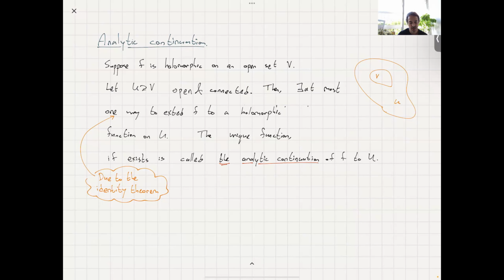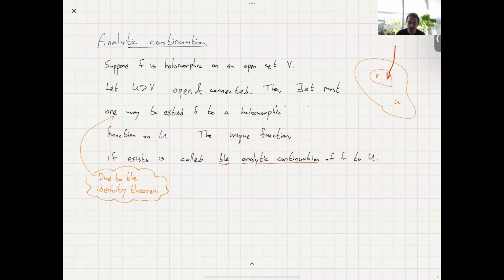So a corollary from that is what's usually referred to as analytic continuation. I mean, there is more to it than that, but I'm just going to take what I need. Suppose you have a function F which is holomorphic on an open set V. So it's this small set. And let's say that V is connected, and V is contained in a larger set U that's open and connected.